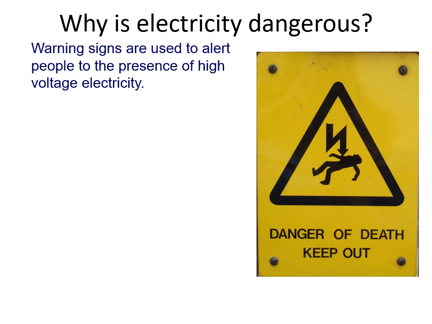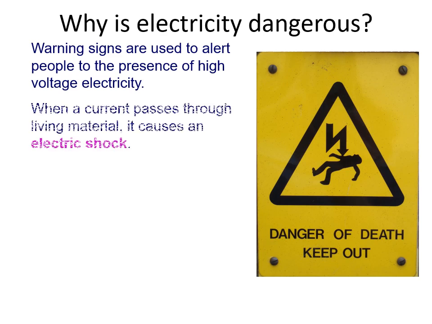Now, why is current electricity dangerous? Generally, we see the symbol that we can see on the screen. It alerts people if there is a high voltage somewhere. The main problem with current electricity is it can produce a shock. When it goes through something that is conducting, which our body is quite conducting, it will cause a shock.